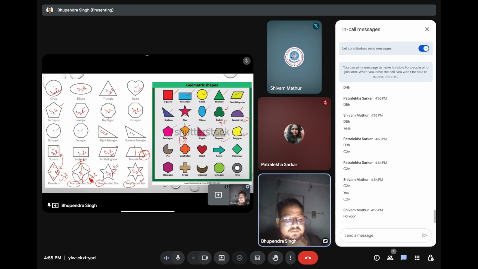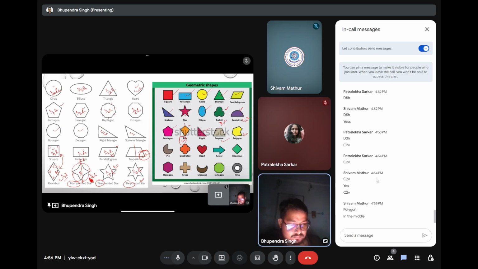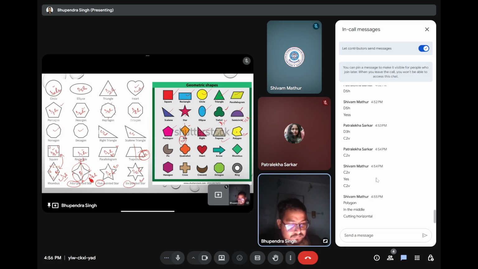Tell me where you have found this C2V. Here, in the middle. In the middle, cutting horizontally.